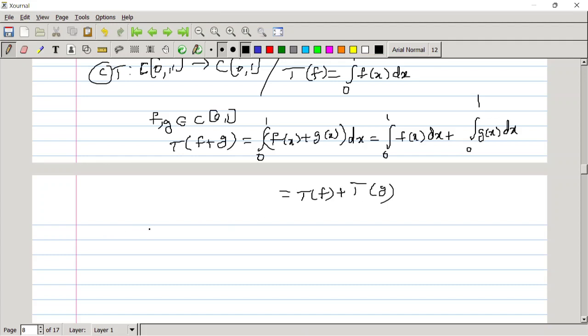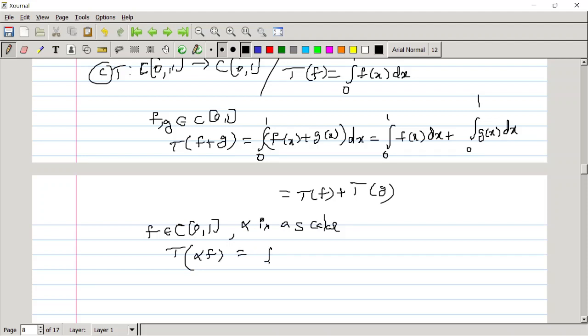And similarly, we take f, one element in the domain, and alpha as a scalar. Another property a linear transformation should satisfy is that T of alpha f should be equal to alpha times T of f.